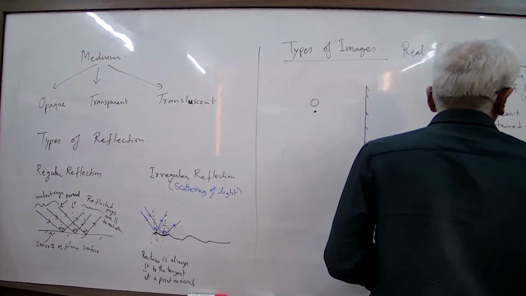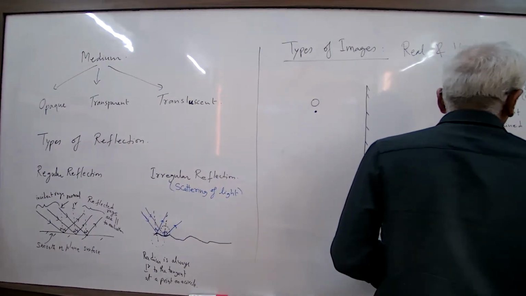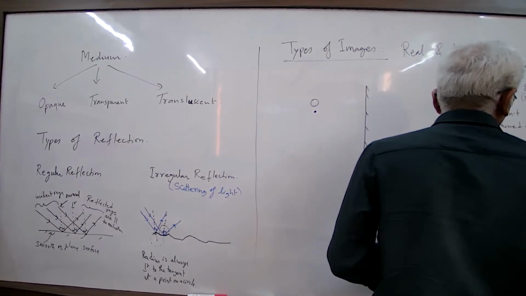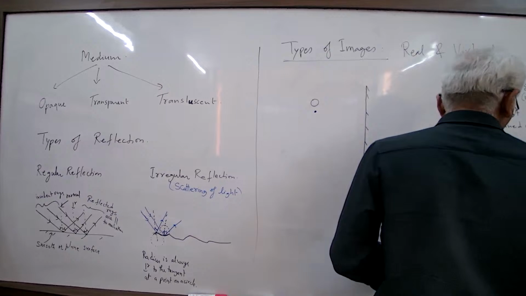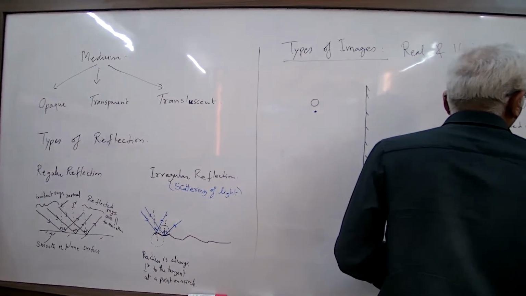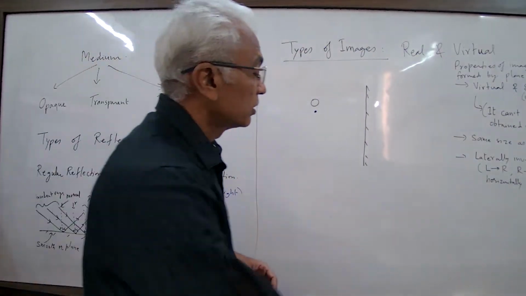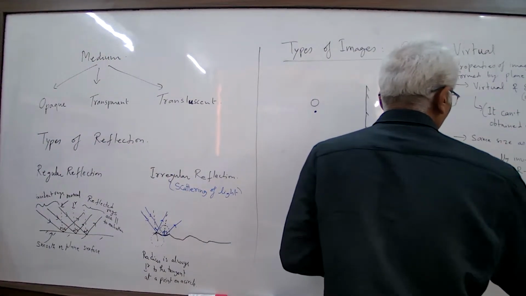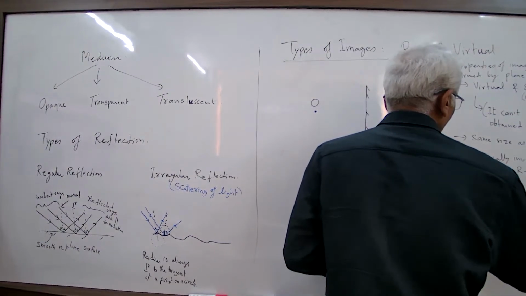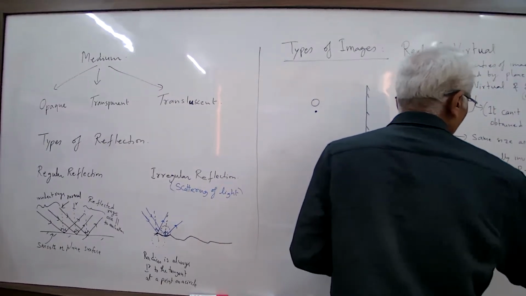So left becomes right, and right becomes left, or horizontally flipped. This is the meaning of lateral inversion. Then, where is the image position? It is obtained behind the mirror.